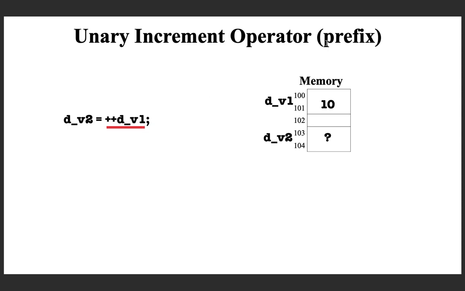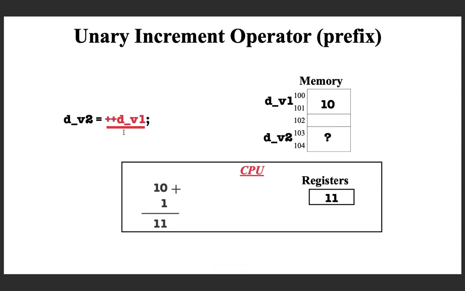In the RHS, it's a prefix. So at first what happens is this increment happens. Okay, first increment and then use the value, that is prefix. So it increments, and now the result is in a register which is getting assigned to dv1. So the increment is performed first, and after that the assignment happens.